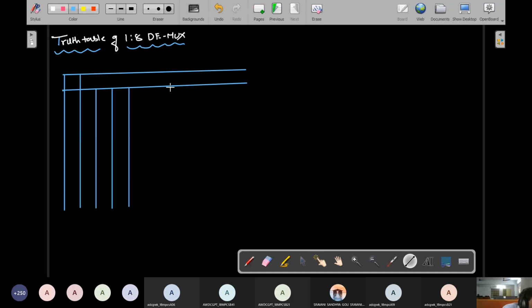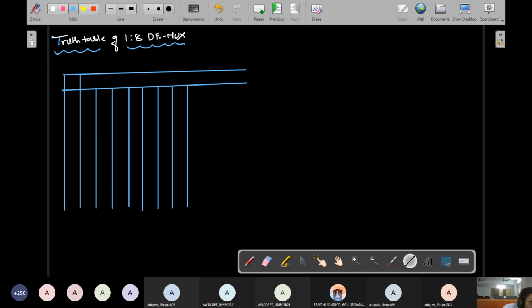And we have 8 output lines: 1, 2, 3, 4, 5, 6, 7, 8. Okay.